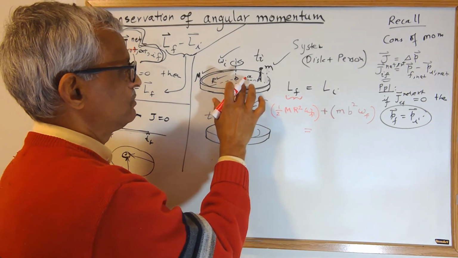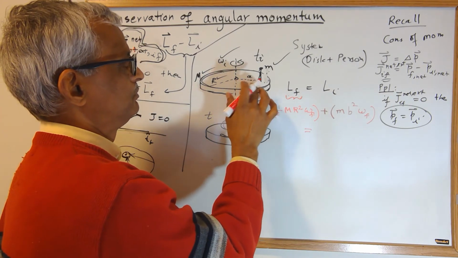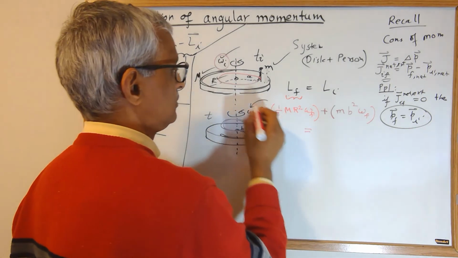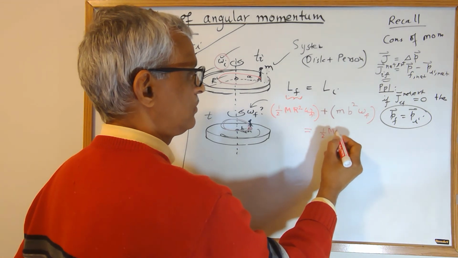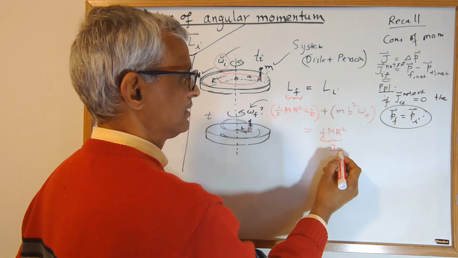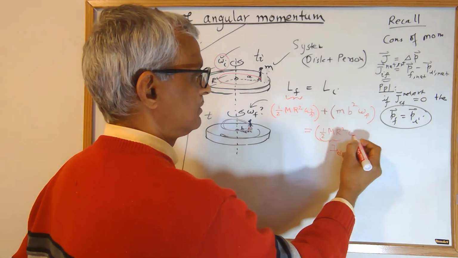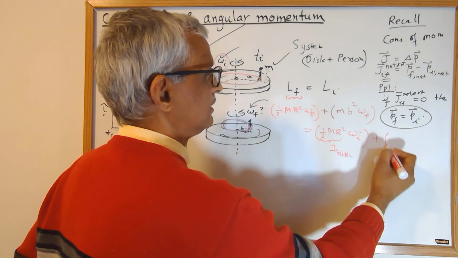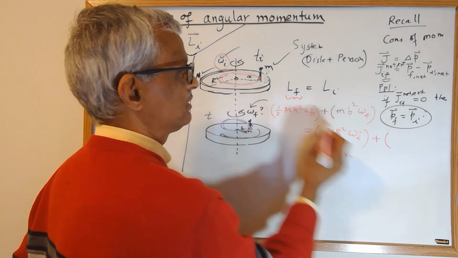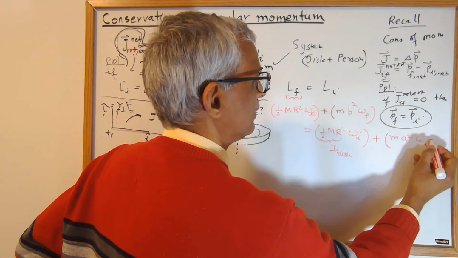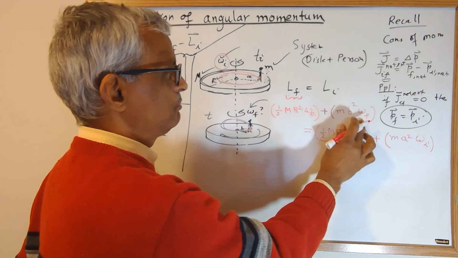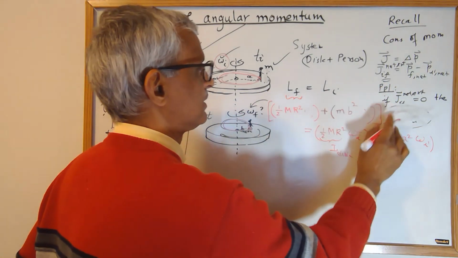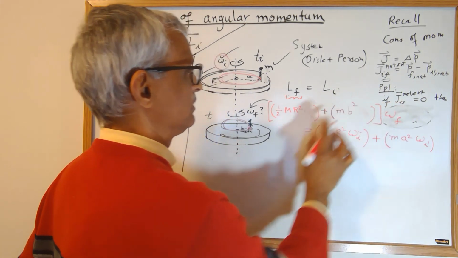Over here, this guy is going in a circle of radius A, but both are going with omega I. The disk is half m r squared, that's the moment of inertia for the disk, and then omega I. And then this guy is going in a circular radius A, so his moment of inertia is m a squared, times omega I. Omega I is common between them.